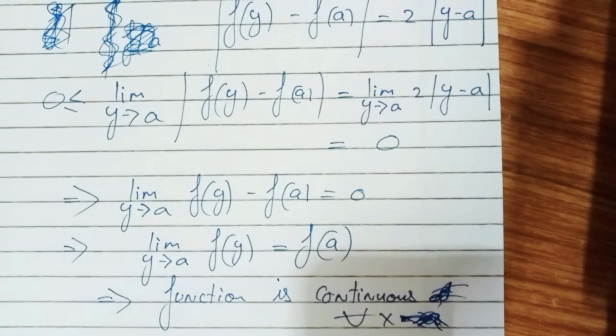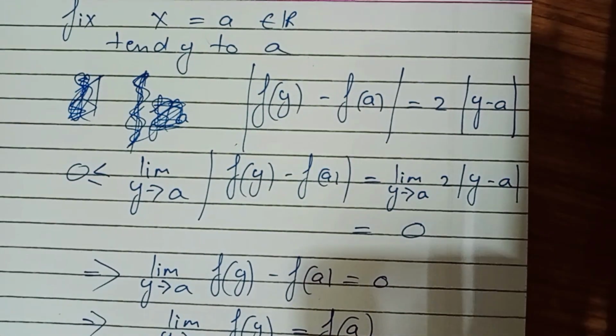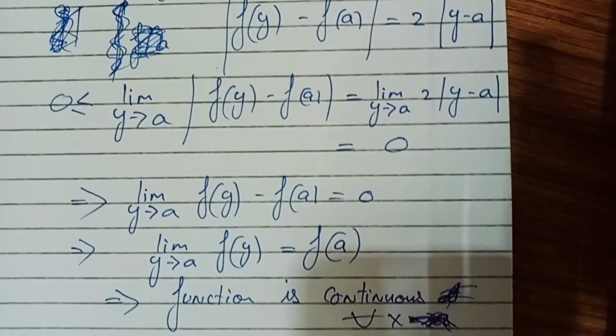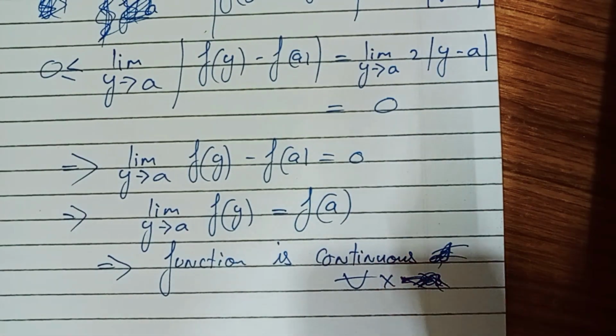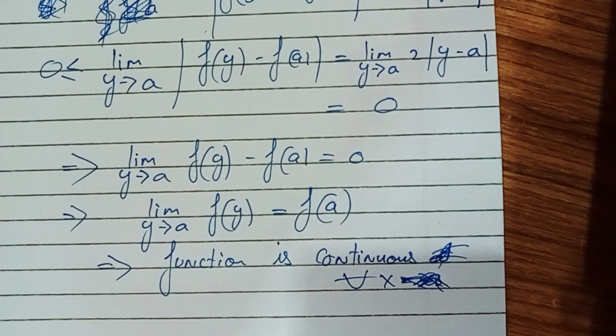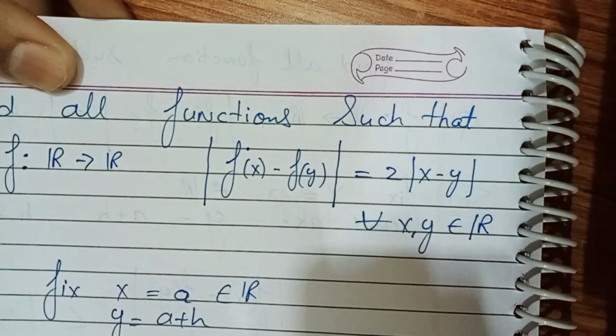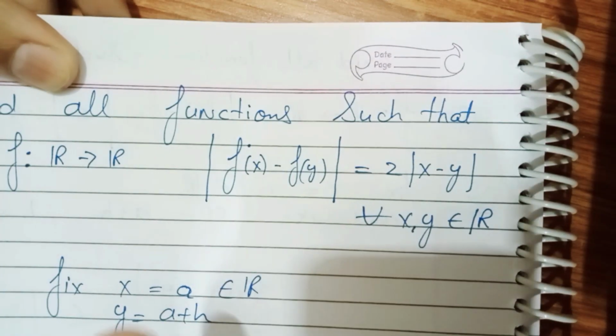So from this much calculation I have shown that my function is continuous. That's the first thing that we have managed to prove, from the condition that was given to us in the problem, that my function is continuous.